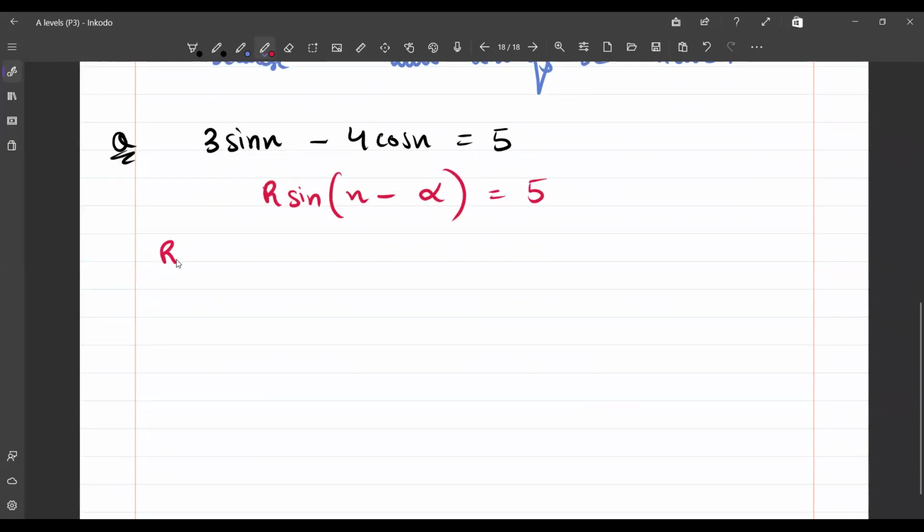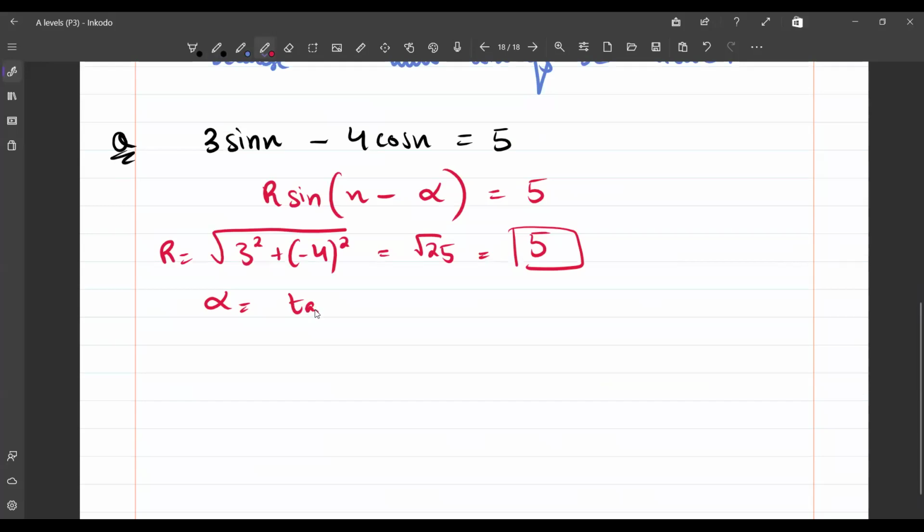So we'll just calculate the value of r, which is under root a square plus b square. All right, which is under root of 25, and this is 5. So we have r, and now we also need to calculate alpha.